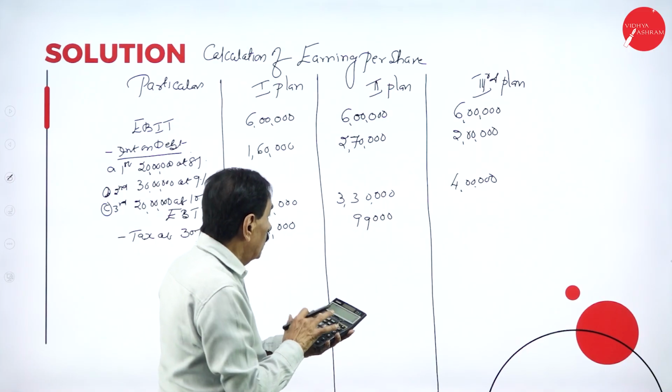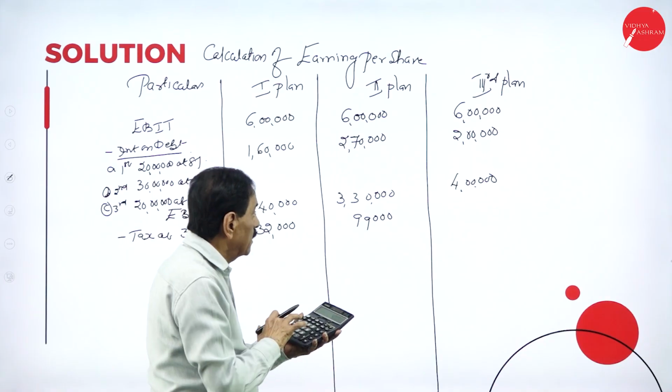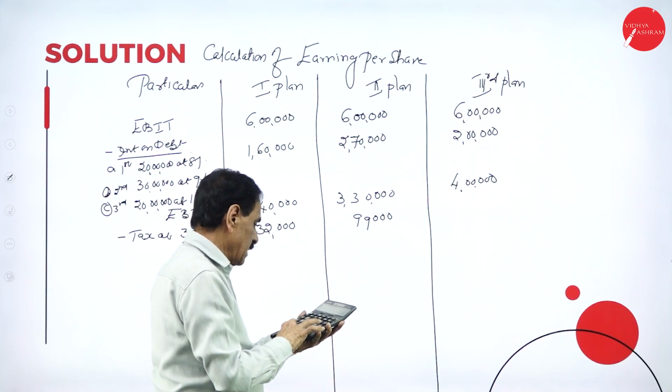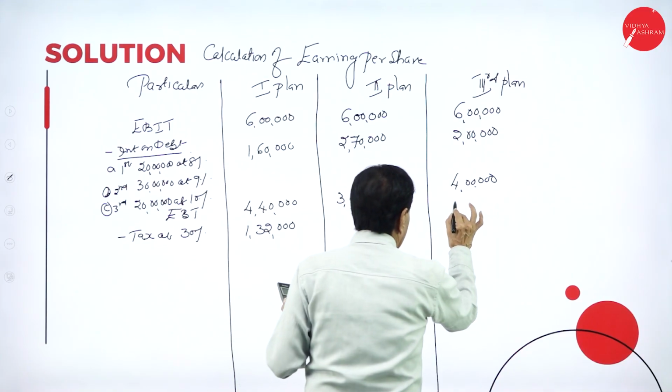Then 4 lakh into 30 divided by 100 is 1,20,000.